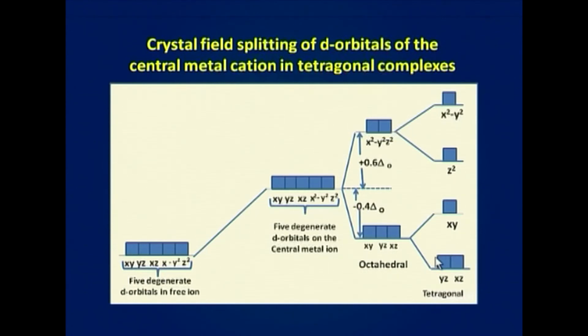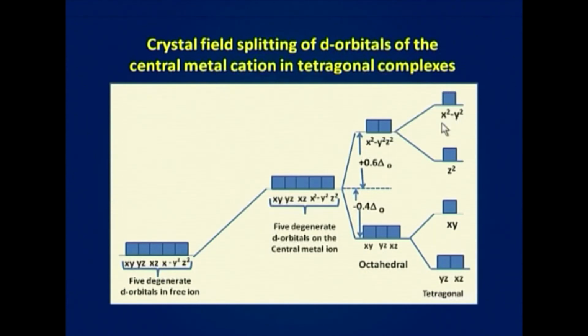Thus, under the influence of the ligands in a tetragonal complex, the order of energy of various orbitals is dyz equal to dxz, which is less than dxy, which is further less than dz square, and the energy of dx square minus y square is highest.